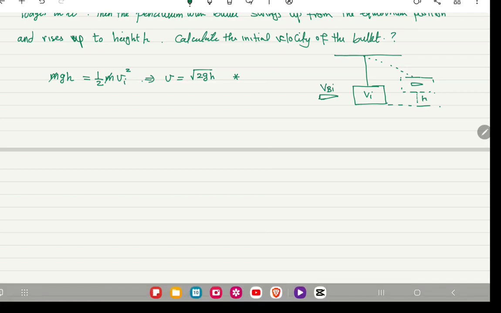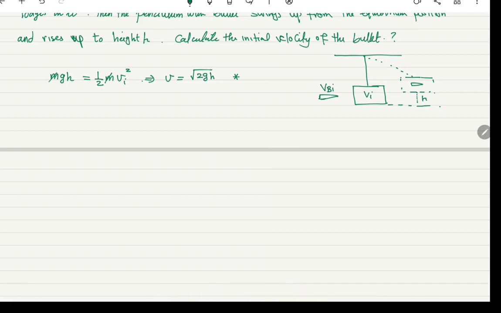Now the second problem is actually the completely inelastic collision. Momentum is conserved. So momentum before is equal to momentum after. The only momentum we have here is the momentum from the bullet itself. So in this case, m bullet times v bullet initial, this is the initial momentum, is equal to m bullet plus m wood, this one piece of wood here, times v final.